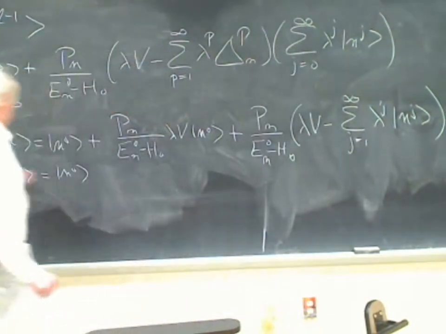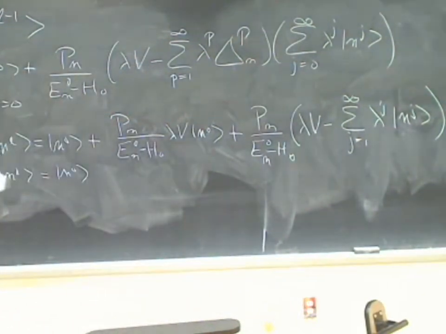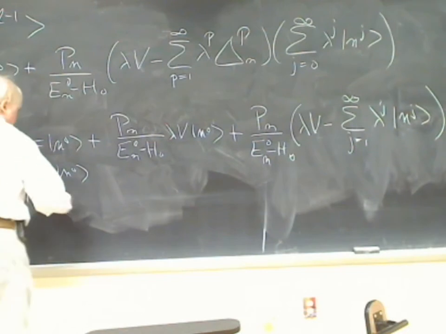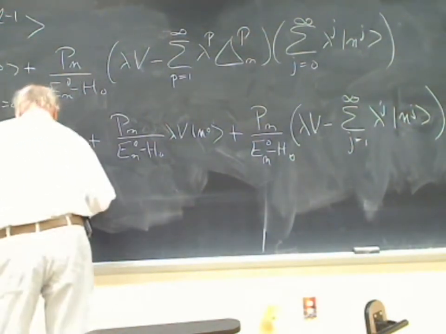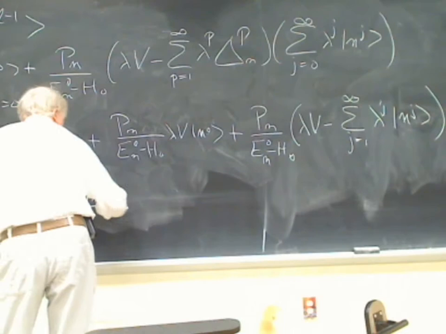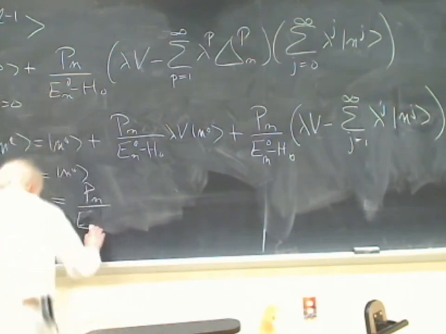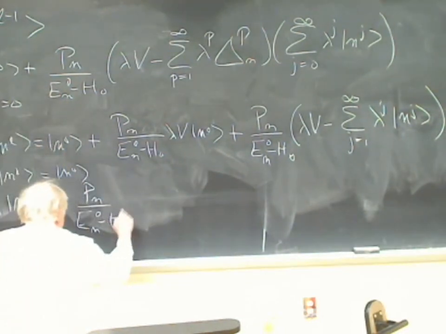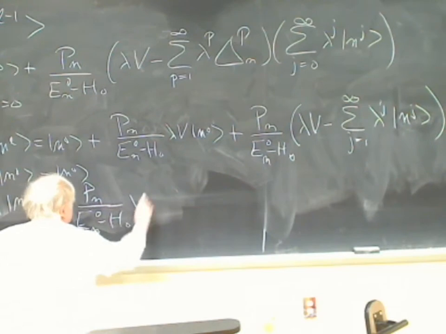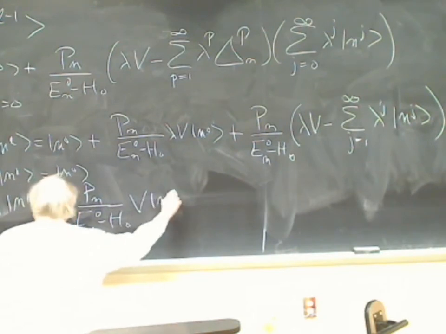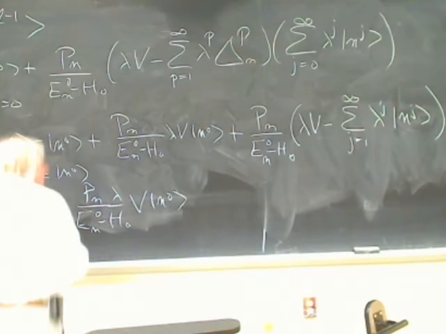So this thing is consistent at the lambda equals 0 level. What about lambda equal to 1? Well, lambda equal to 1, we get lambda n1, the first correction, equals P sub n over E n0 minus H0 times V times n0, well, lambda V.